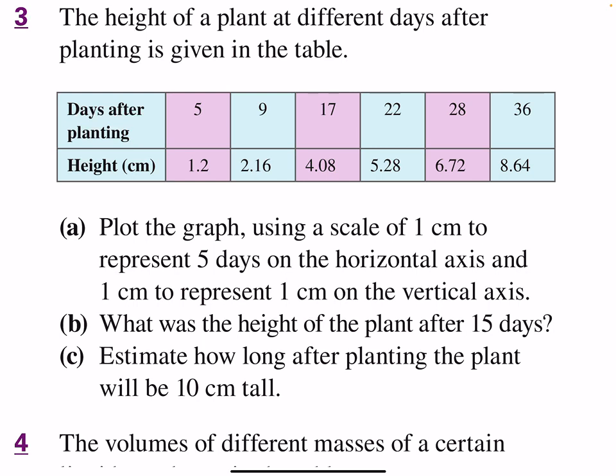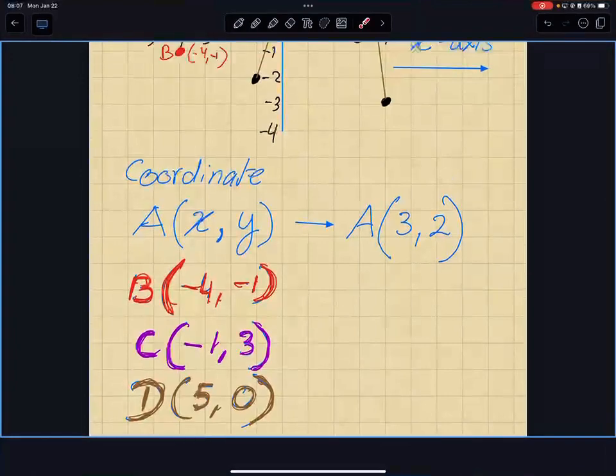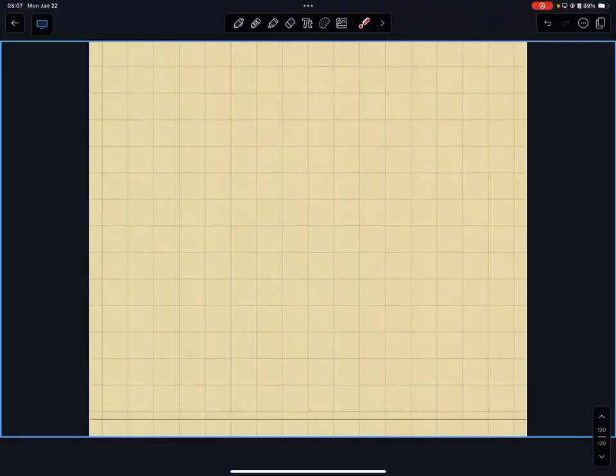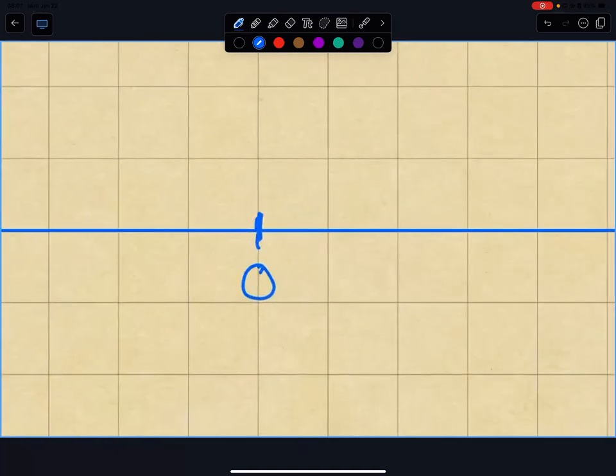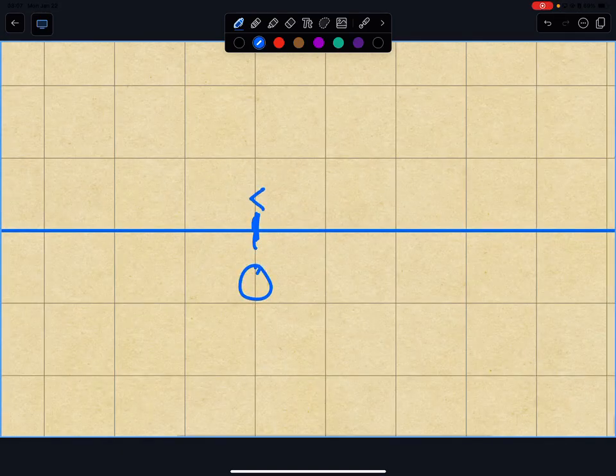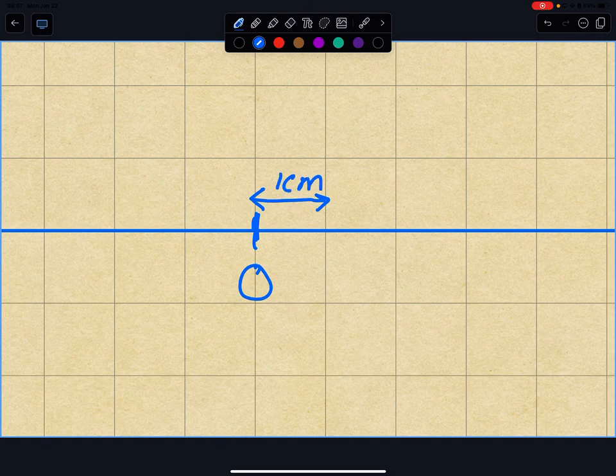So what does it mean with scales? 1 centimeter to represent 5 days on your horizontal axis. So the first thing you have to keep in mind is you have a horizontal axis. If this was 0, this spacing is 1 centimeter.